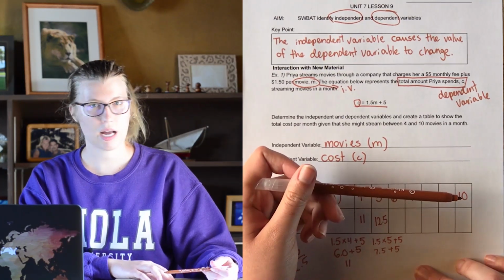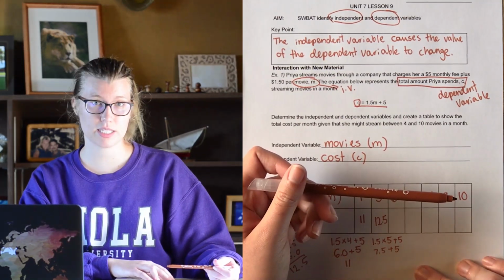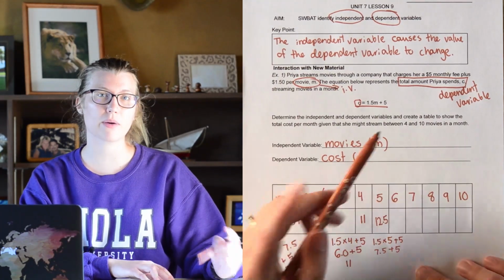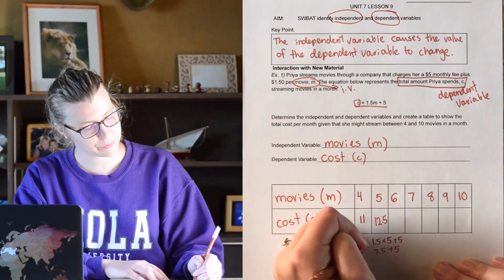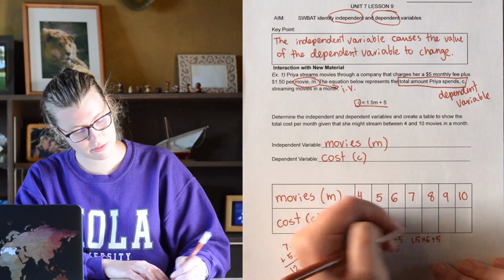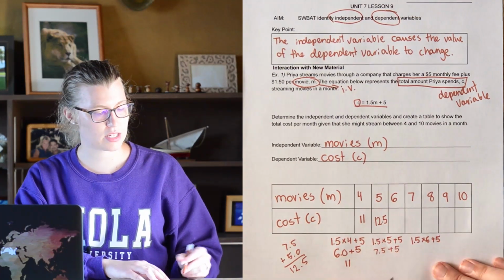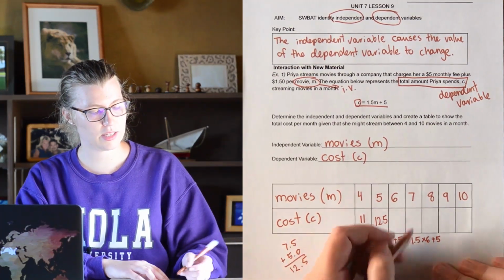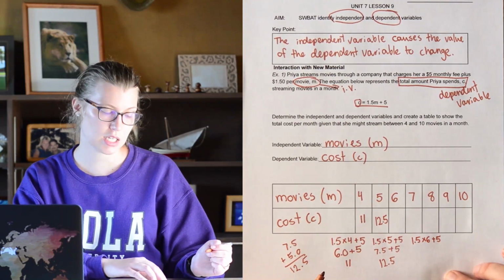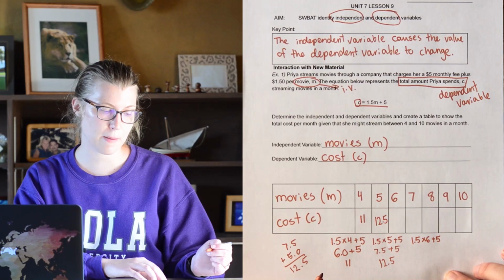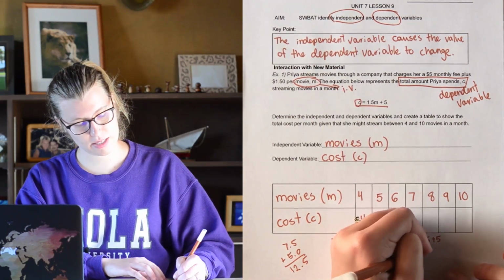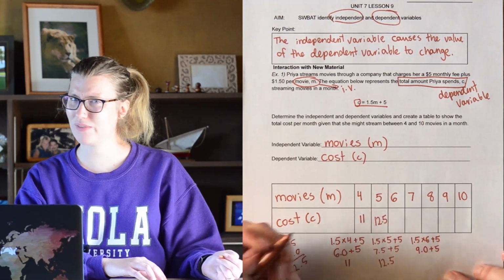However, I don't want us to spend a lot of time just doing this simple math. I want us to see if we can find a pattern, okay? We're going to do one more and we'll see if we find a pattern. 6. 1.5 times 6 plus 5. 1.5 times 6, 6 times 15. That should be 90. So it would be 9.0 plus 5. 9 plus 5 is 14.